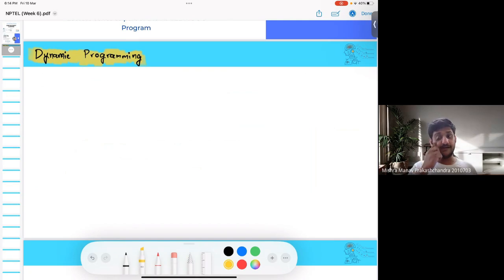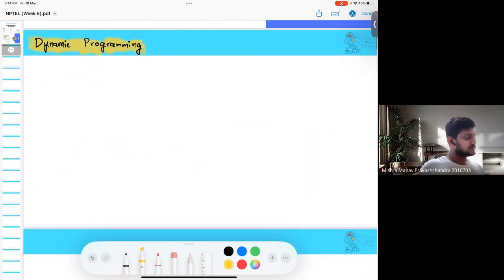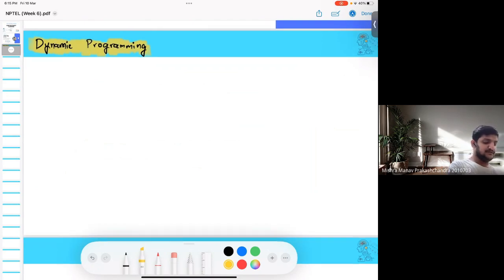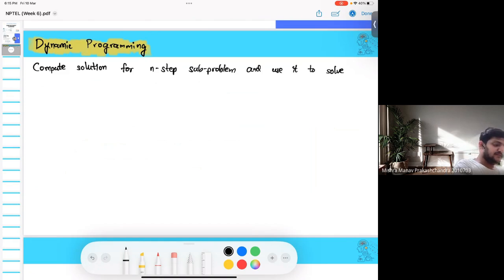Just to give a quick one-line summary: the idea behind dynamic programming is that you compute the solution for an n-step subproblem and use it to solve the n plus 1th step subproblem.